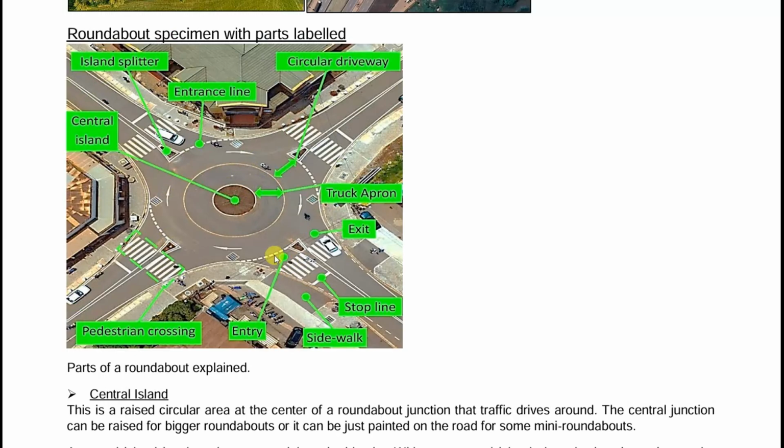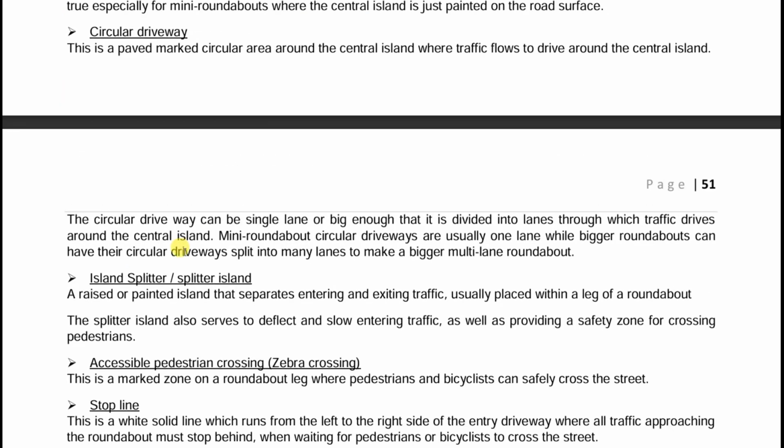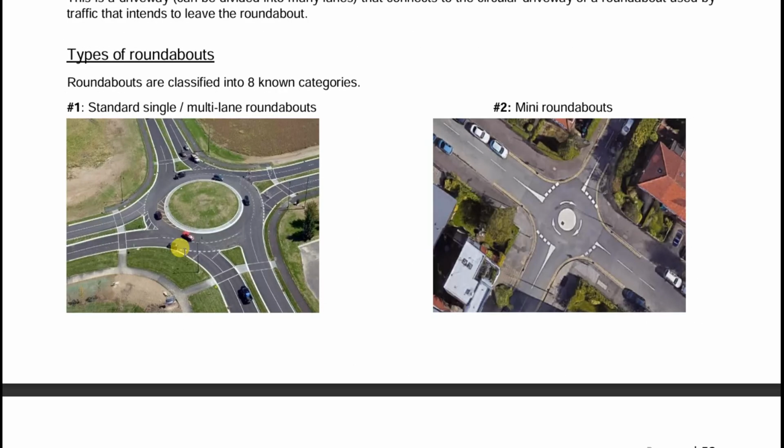As you may see from the illustration, we have a single lane at the entry here, there, and there. It also features a single lane in the circular driveway as illustrated, and it also features a single lane at the exit right there. So that is it for a standard single lane roundabout.